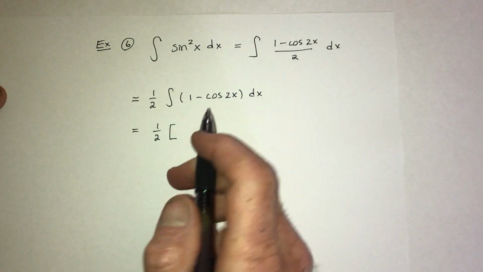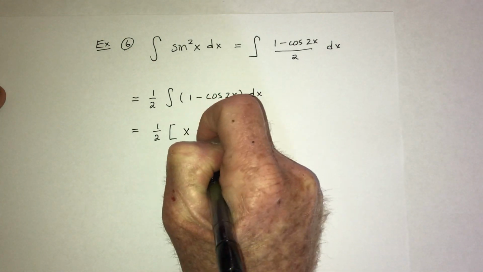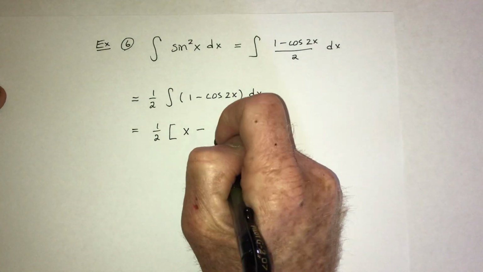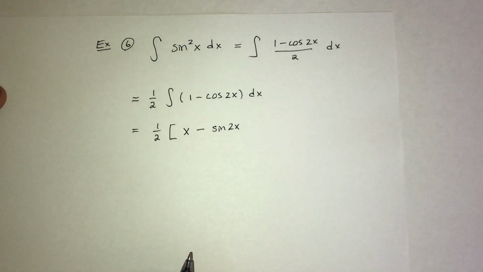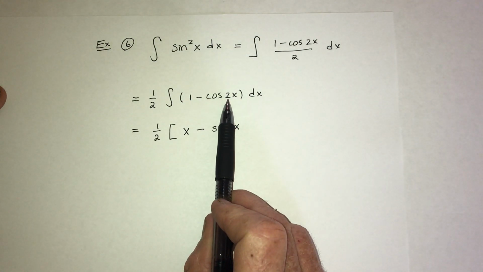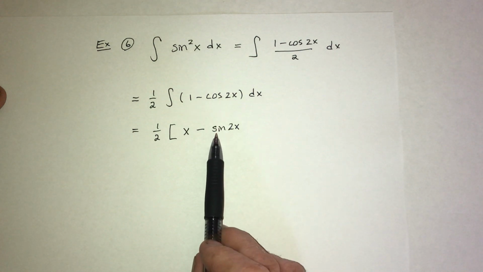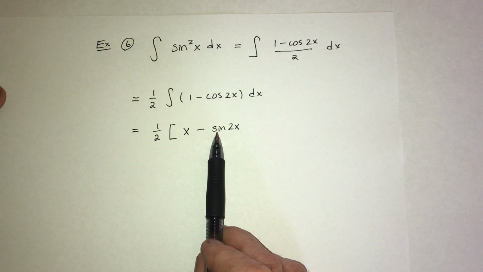The antiderivative of a 1 is x. The antiderivative of cosine is sine. Now there's one little detail. In here, the antiderivative of cosine, that's definitely sine, so that's correct. But we also need to do the chain rule.